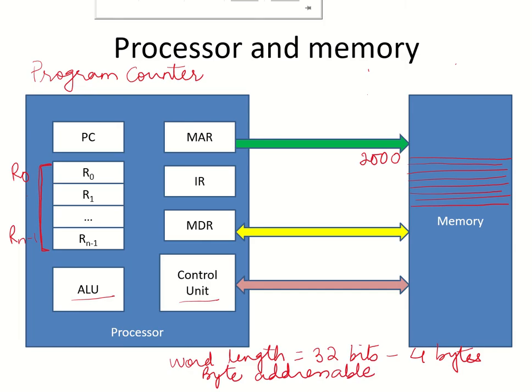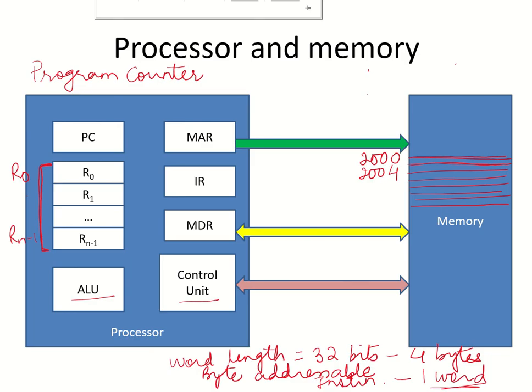I'm also assuming that each instruction requires one word to store, and one word is 4 bytes. So if the first instruction is at address 2000, the next instruction would be at address 2004, because each byte has an address and there are 4 bytes in a word.